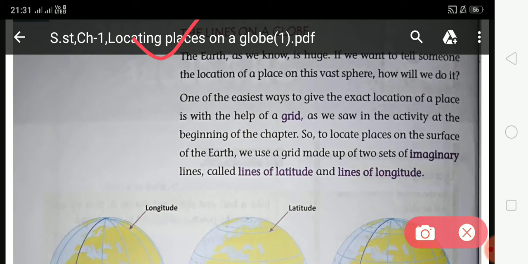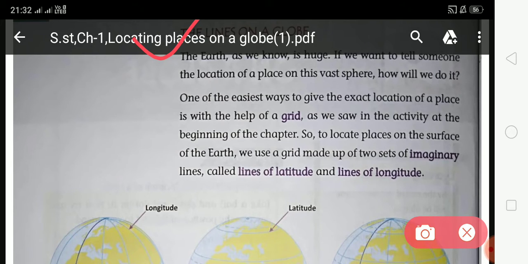A network of lines crossing each other to form squares or rectangles is known as a grid. With the help of these lines we can understand and give the exact location of a place.